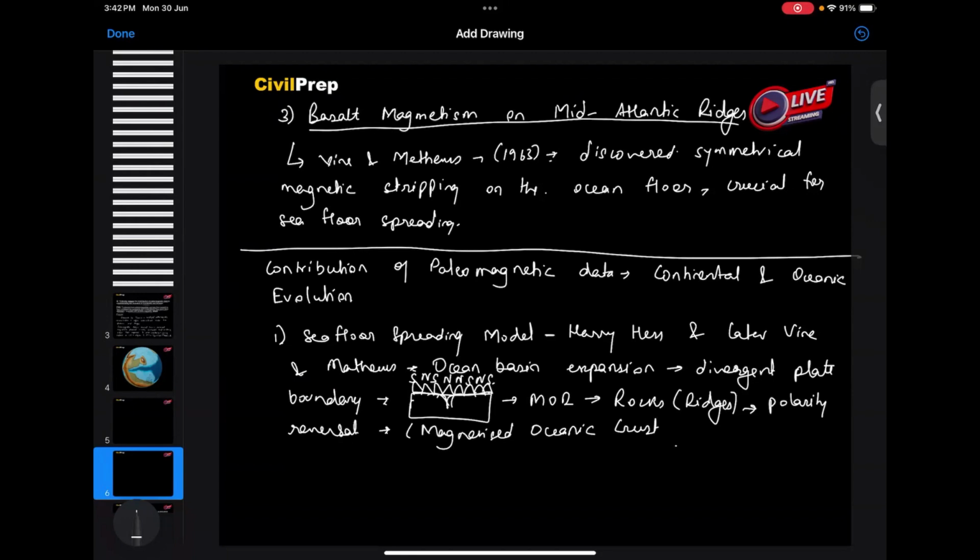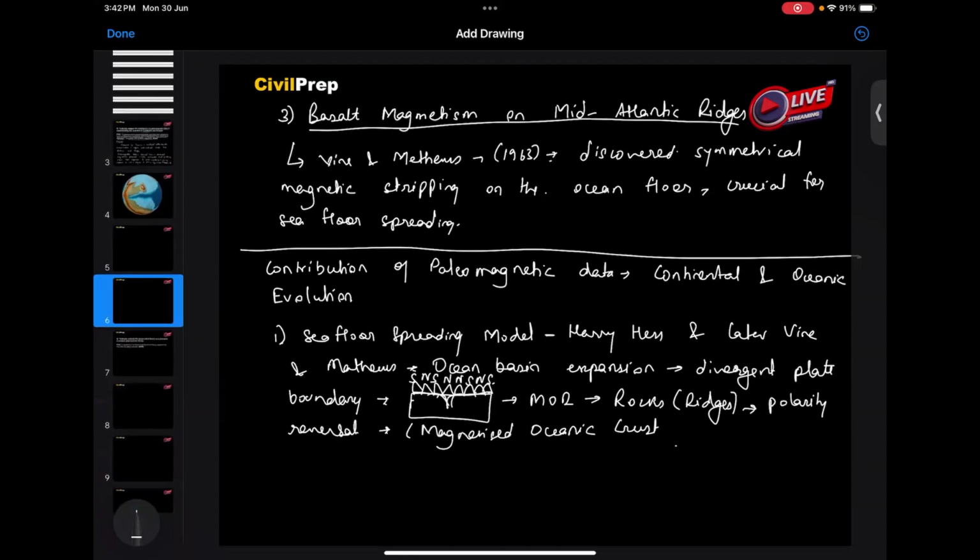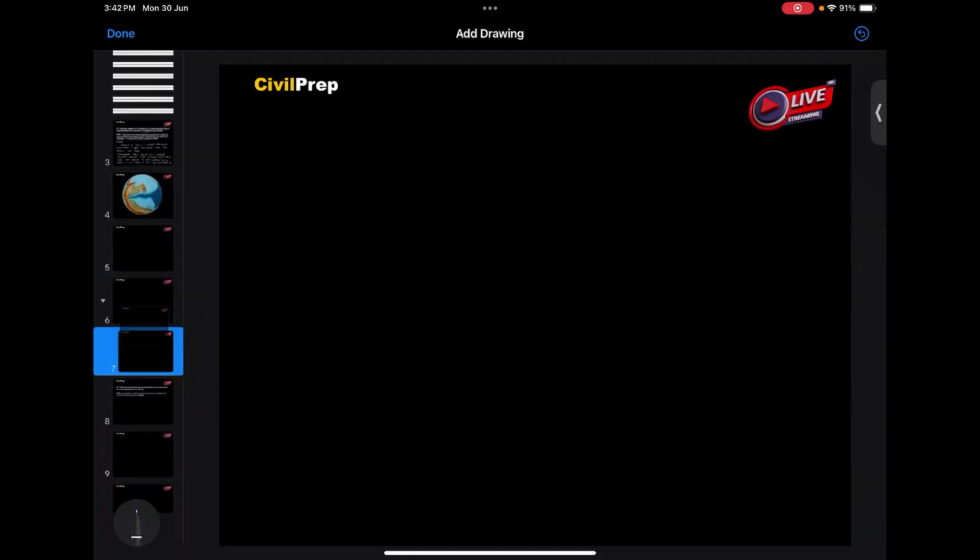Now, second evidence we'll be seeing here. That is polar wandering paths.